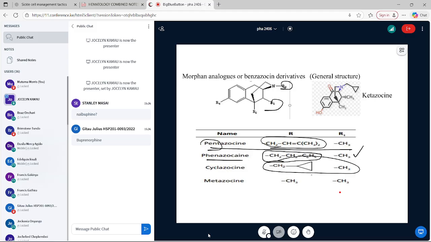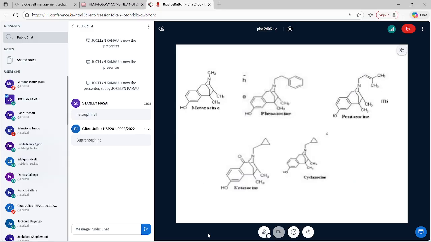They have a higher agonist antagonist ratio, and of course also we have metazocine. So we have metazocine, that is a structure. Look at that methyl group and a methyl group there. Phenazocine is where we have said that group is huge, and we expect that compound to have agonist activity. You have pentazocine, definitely this will have some antagonist activity.